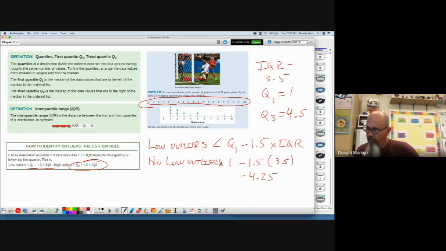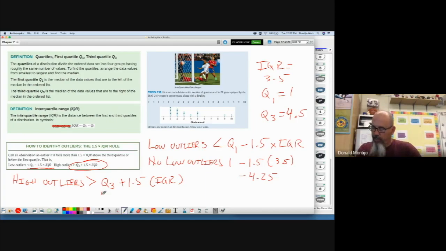Well, we discussed before that maybe 9 and 10, to me, 9 and 10 didn't look like they fit the rest of the data set. To me, they looked like they were an outlier. Well, let's see if we have a high outlier. So you are an outlier on the high side if you are greater than Q3 plus 1.5 times the IQR.